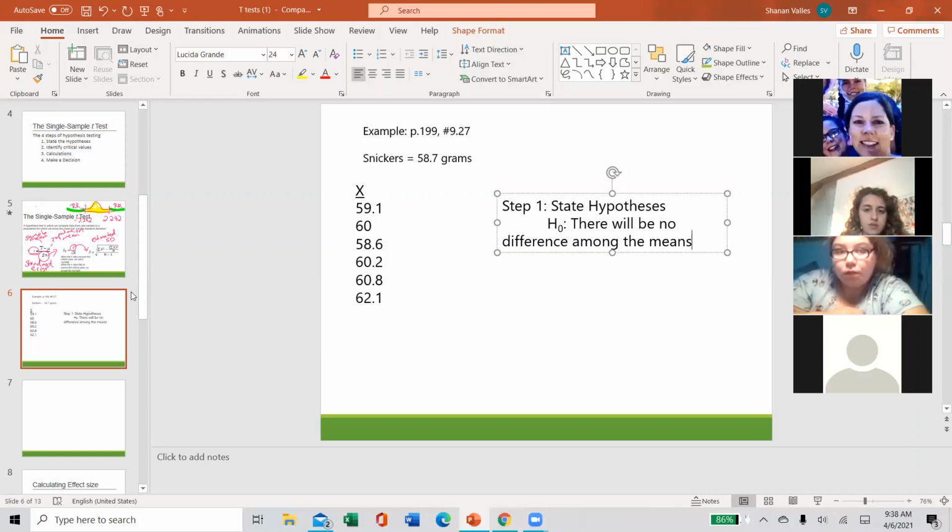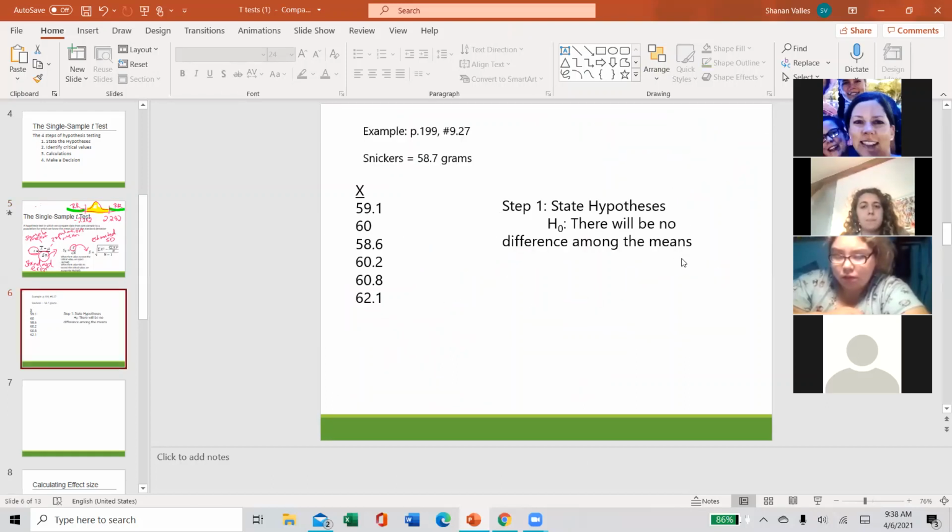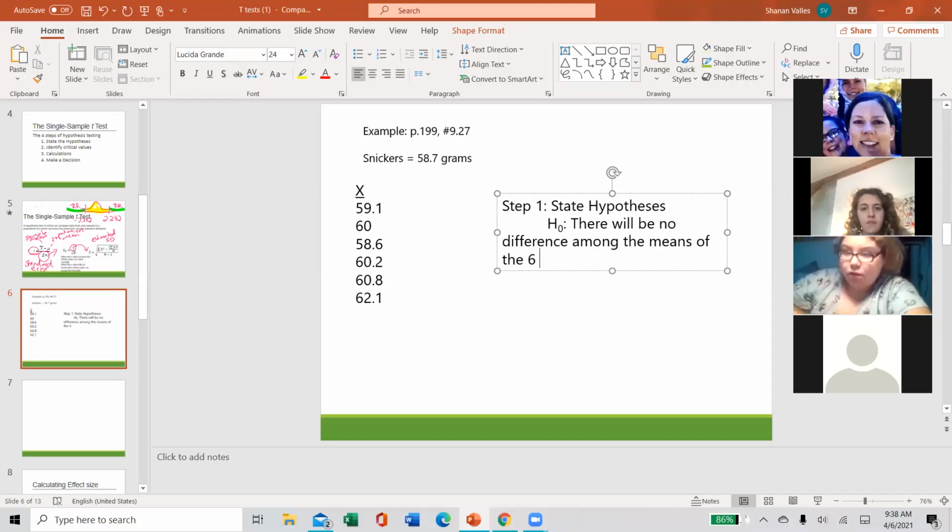Right. And if we look back, remember, a t-test is the sample mean compared to the population mean, okay? So those two means that we're looking at are, let's see, the means of the 6 Snickers bars and we could say like company claim.